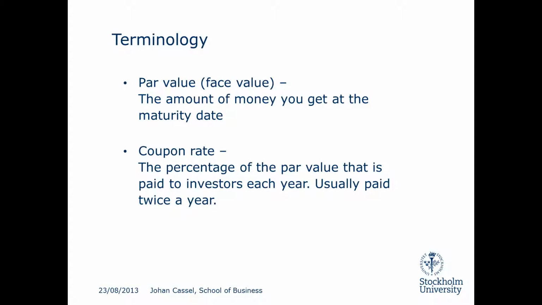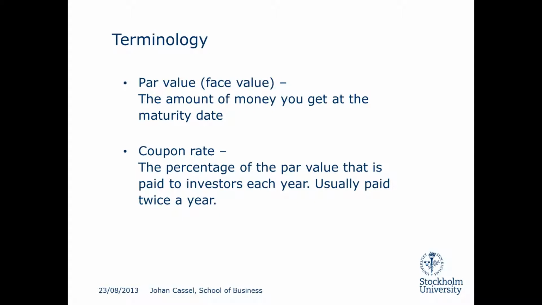The other payment you can get is a coupon, and in the US the coupon is usually paid twice every year, and you usually express it as a coupon rate. A coupon rate is the percentage of the par value that is paid to investors each year.